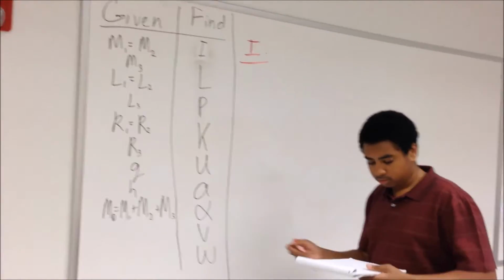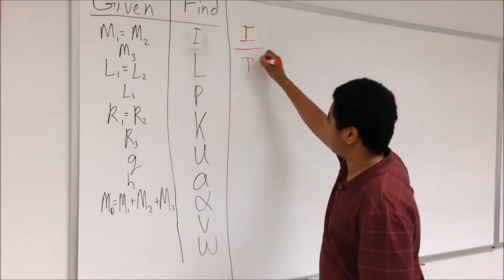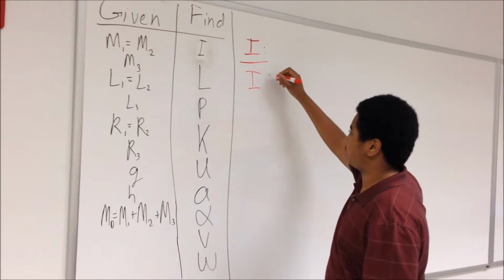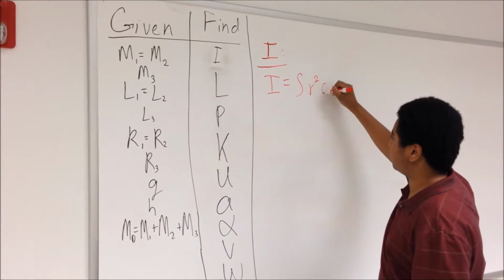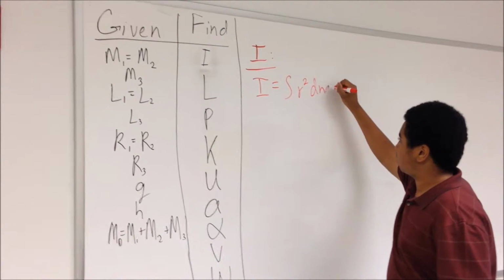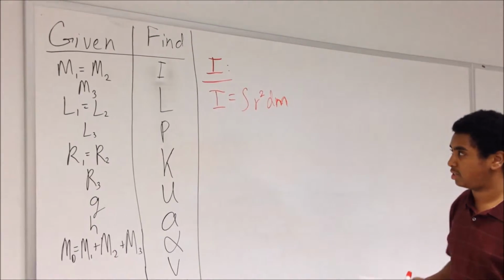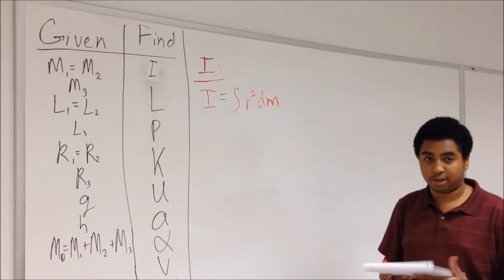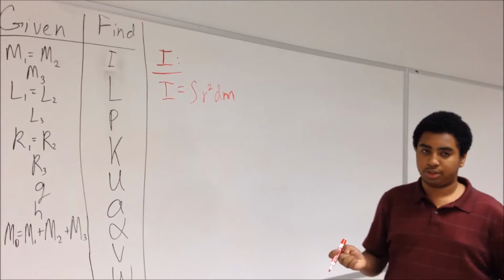So for those of you who don't know, the formula for a moment of inertia is the integral of r squared dm. Now the problem with this equation is that r and m can't be integrated together. They're different variables, so we need a bridge between the 2.